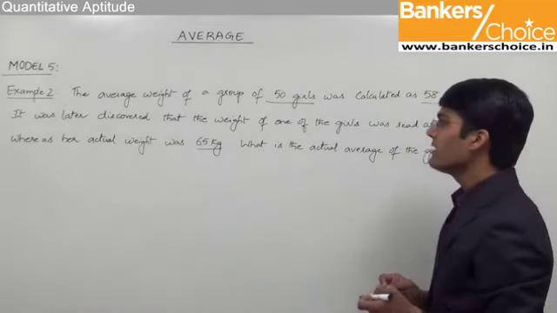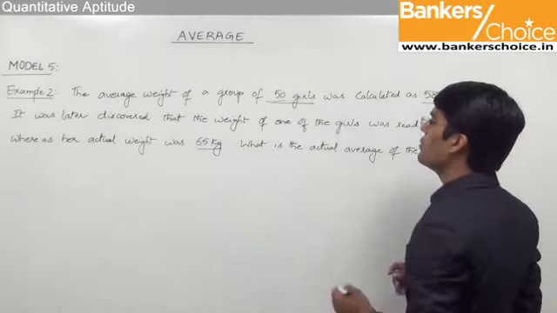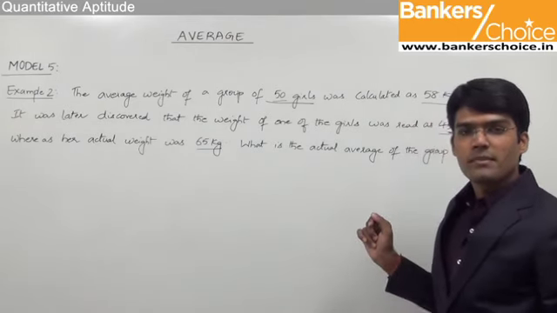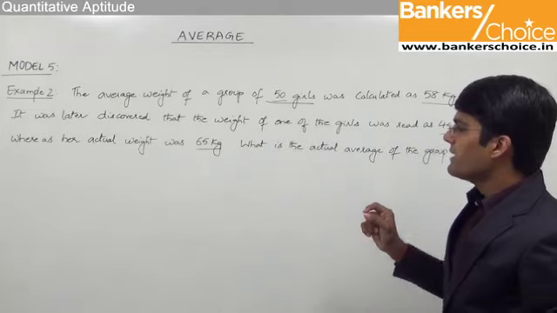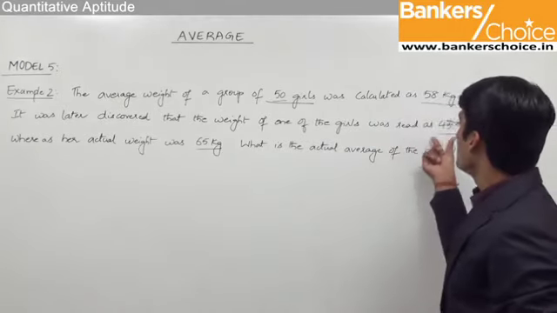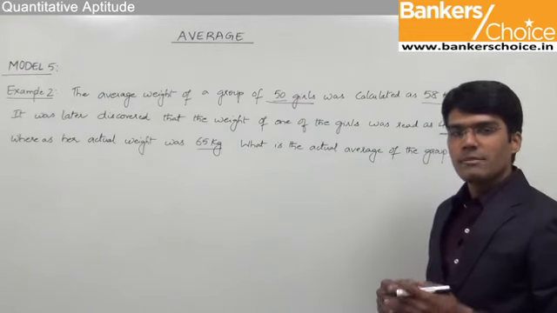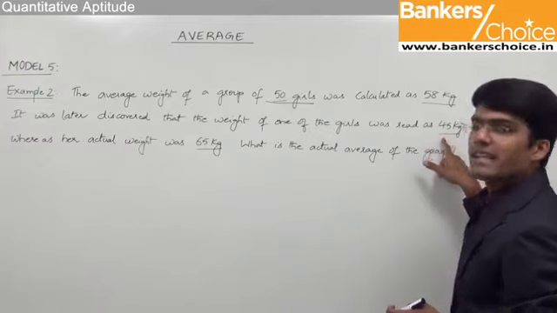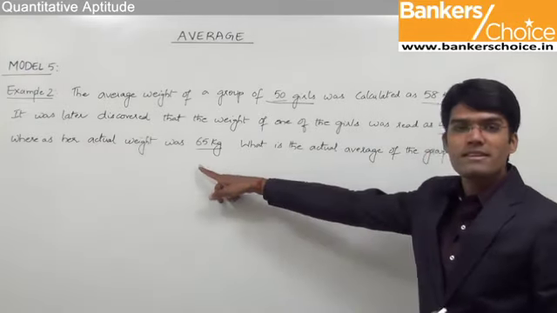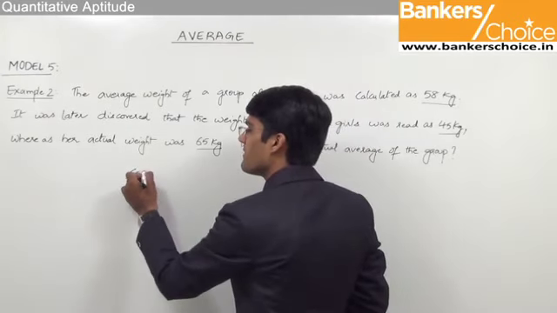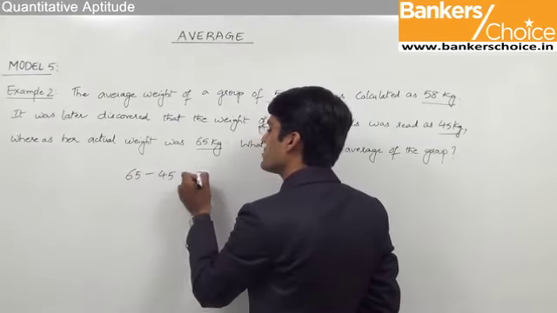As you can see here, there are a total of 50 girls in the group and their average was calculated as 58 kgs. But later it was found that for one of the girls whose weight was 65 kg, the reading was taken as 45. So the difference of 45 and 65 here is 20 kgs.